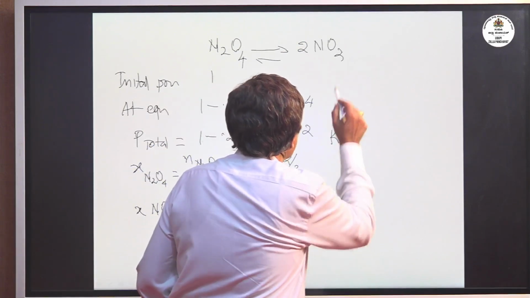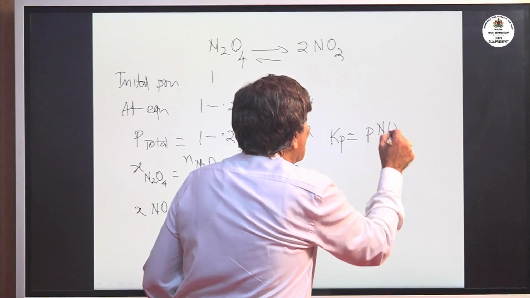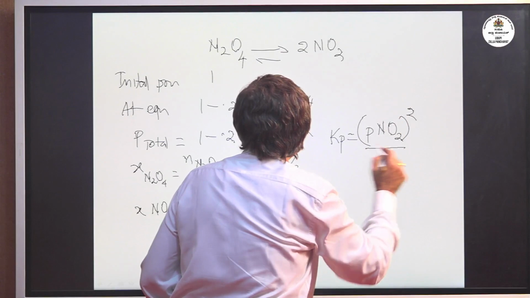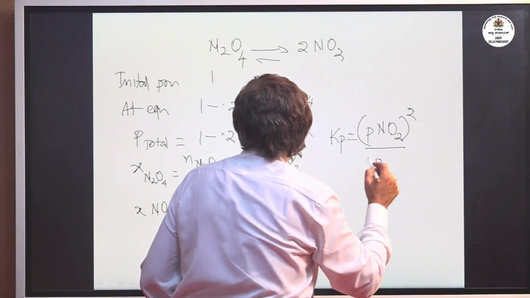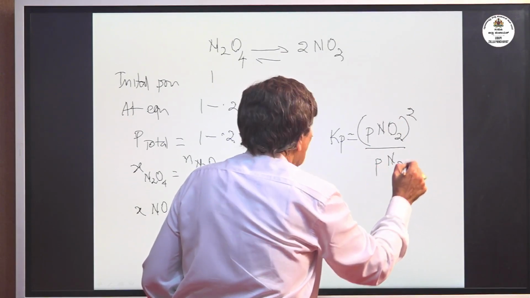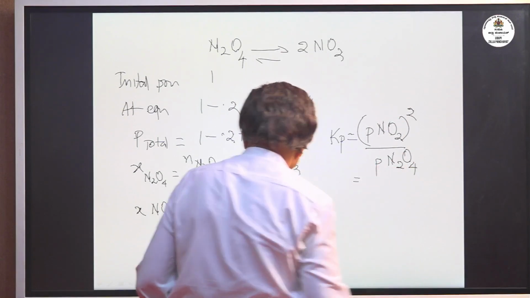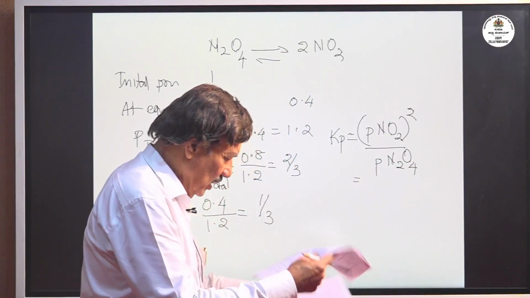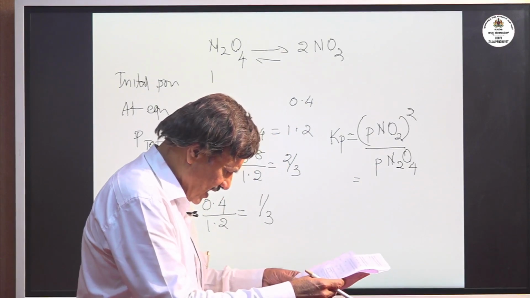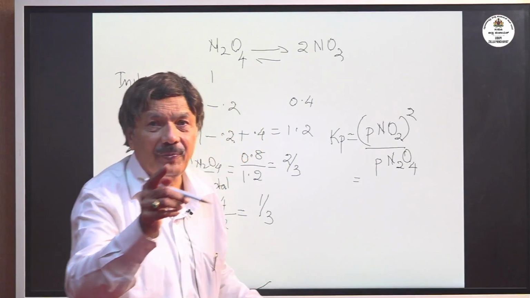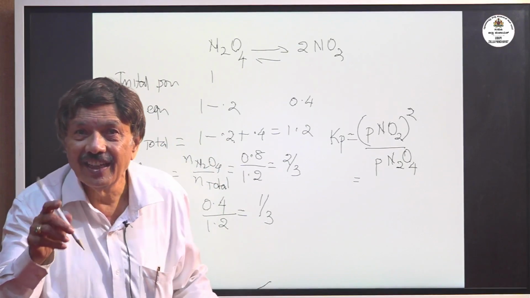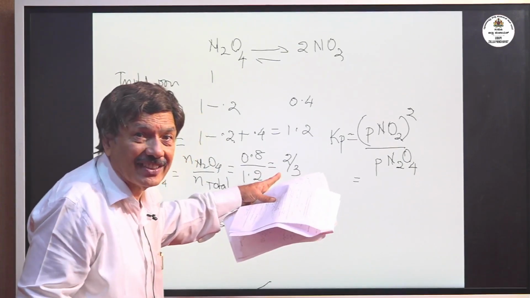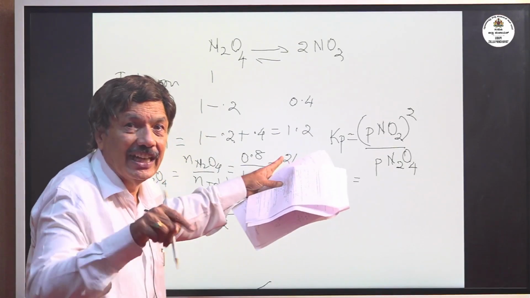Then how will you write Kp for this? Kp is equal to partial pressure of NO2 squared divided by partial pressure of N2O4. Since the pressure given is 1 atmosphere, partial pressure is mole fraction into P total.